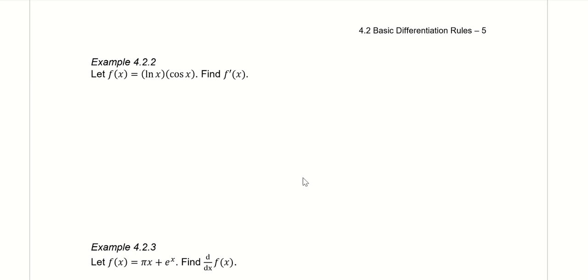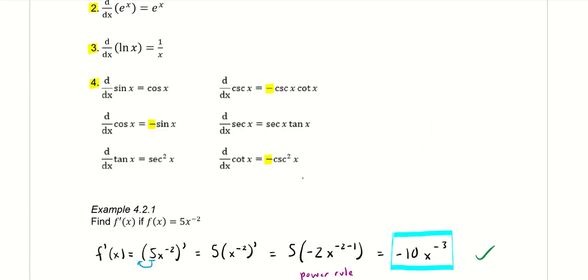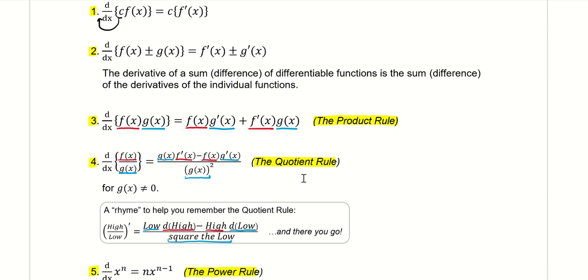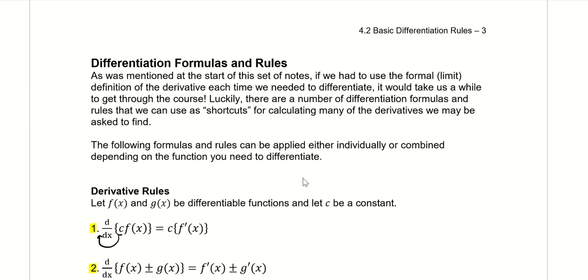Here, I have a product, right? I have this function of x times this function of x. And since I want to find the derivative of this product, I'm going to use the product rule, our third one from page 3.